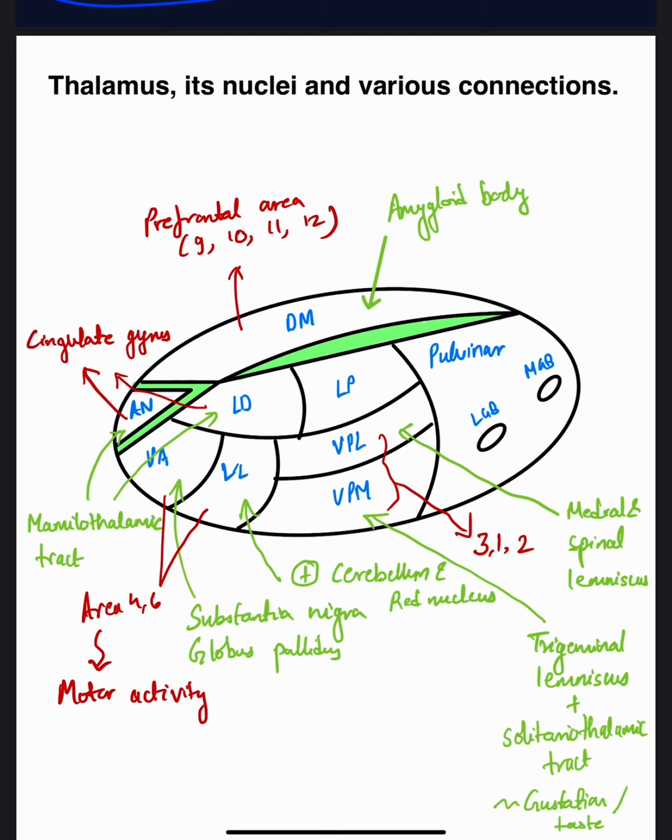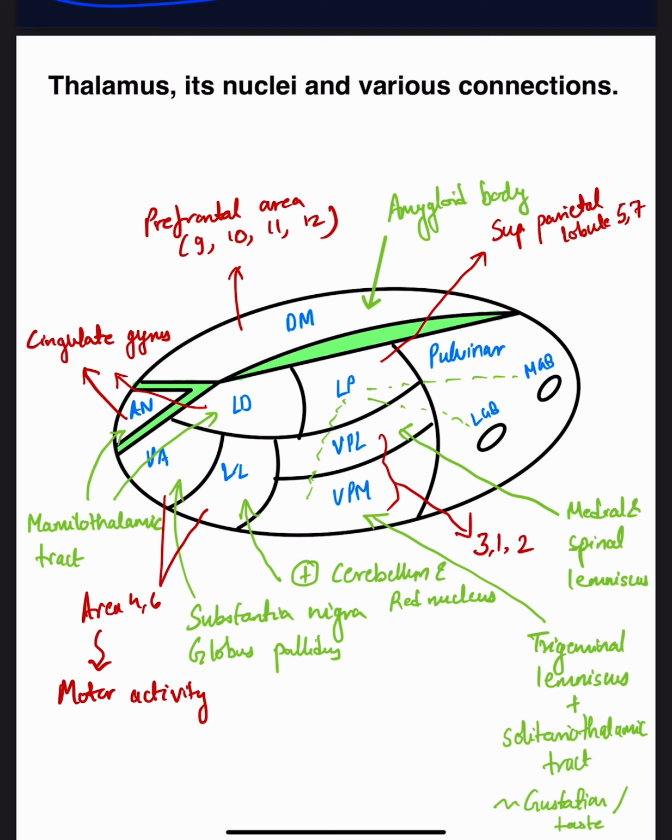And as for the lateral posterior, it receives its impulses from the medial geniculate body, lateral geniculate body, and the ventral posterior regions, and the efferent signal goes to the superior parietal lobule, which is areas 5 and 7.